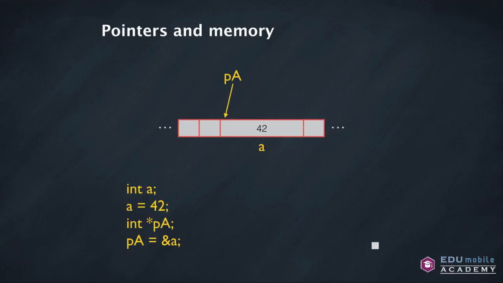There's a lot of words here, but if you go through this video a couple of times, you'll see that the underlying idea is not all that difficult. A pointer is a variable that holds a location in memory. It holds the address of a location in memory, just like the address on an envelope tells the postman where to go on a particular street in a particular town.